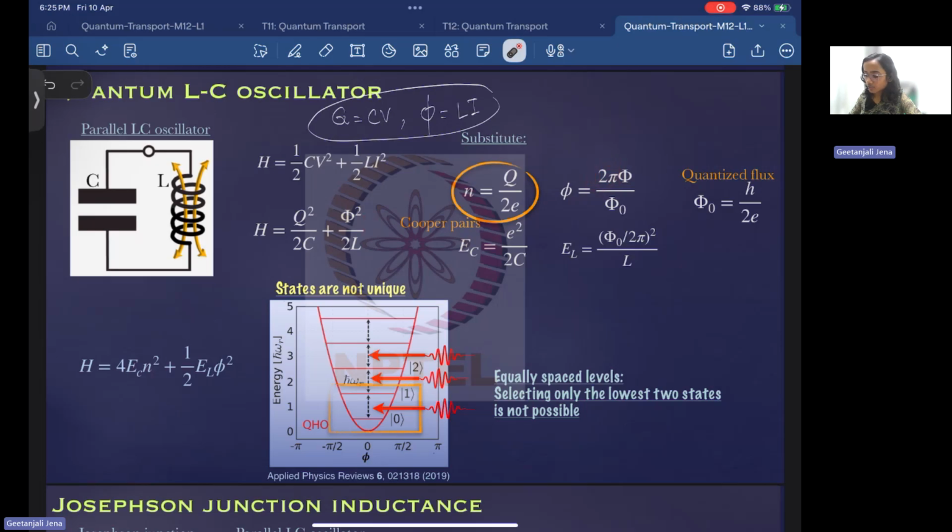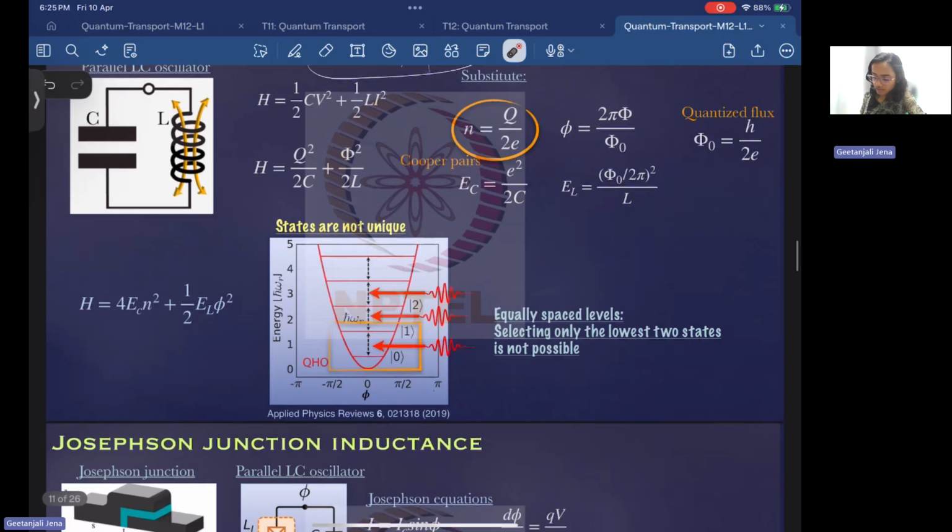Then we also take into account phi 0 by 2 pi so that this expression remains unchanged.